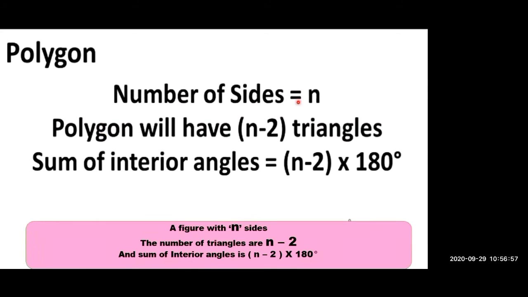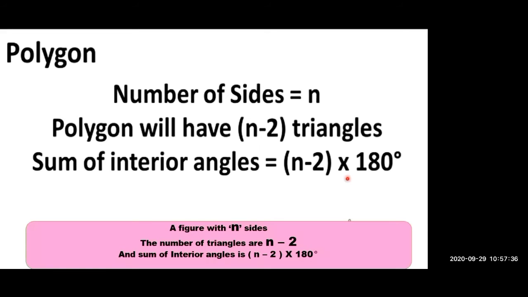Okay. So children, we see that in a polygon with n sides, if we draw diagonals from a given vertex, it will divide the polygon into n minus 2 triangles. N means number of sides. And the sum of interior angles will be n minus 2 into 180 degrees. Why 180? Because that is the sum of interior angles of one triangle, and a polygon with n sides has n minus 2 triangles.